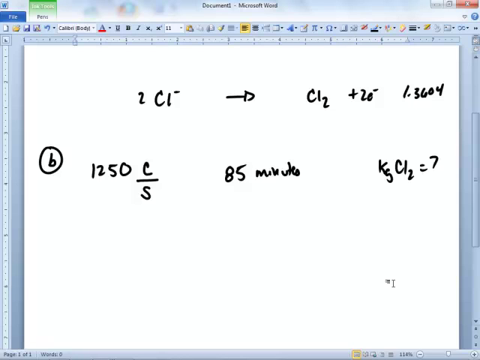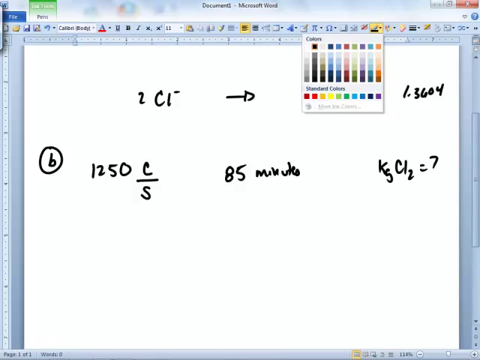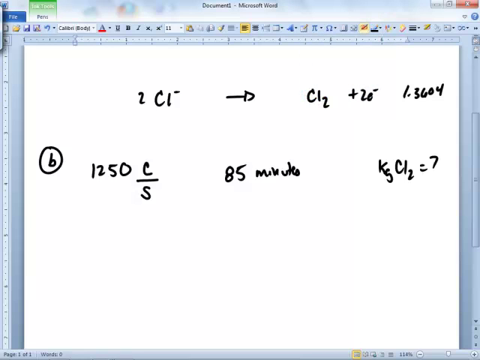We're going to start with the 1250 coulombs per second. Oh, let's get this into seconds first. 85 minutes times 60 seconds in a minute. That's 5,100, so I have 5,100 seconds.